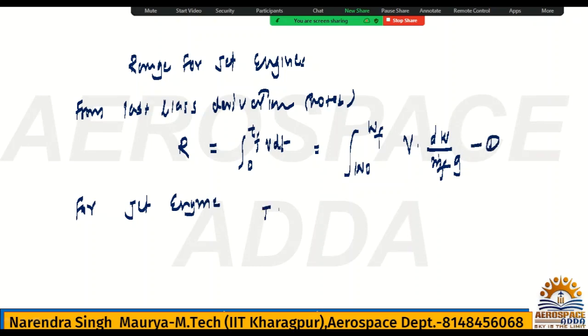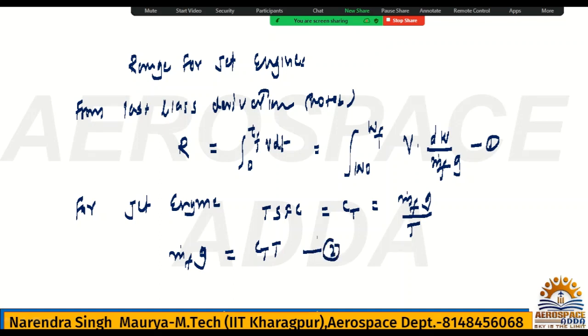What is the TSFC, or called CT, which is nothing but m dot f g divided by T. Yes or no? So m dot f g is CT times T. This is equation number 2.